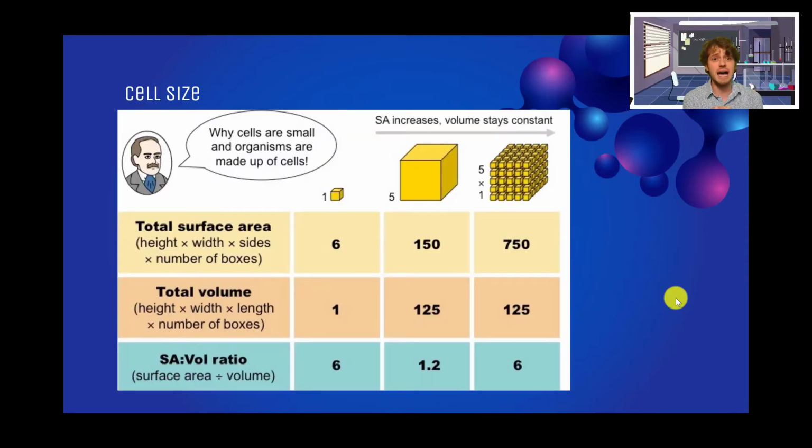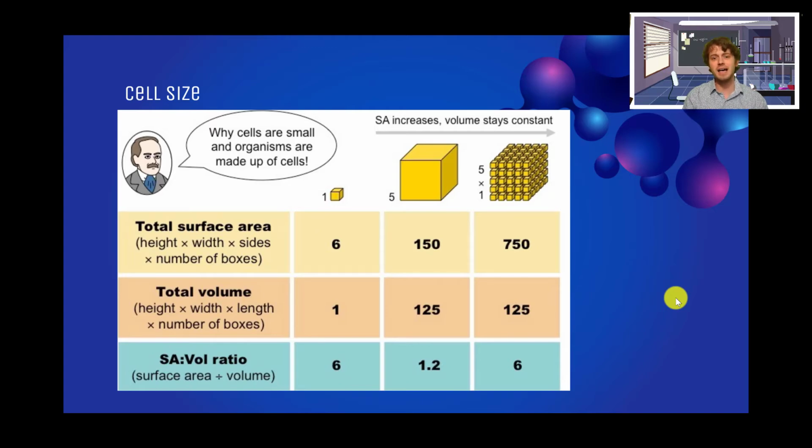All right, so cell size. This is really the last thing. I have a little bonus information at the end here. But cell size, as things get bigger, their volume is going to increase at a greater rate than their surface area. So the amount of space it takes up is going to increase at a greater rate than the surface area, so the area where things can actually move in and out of the cell.